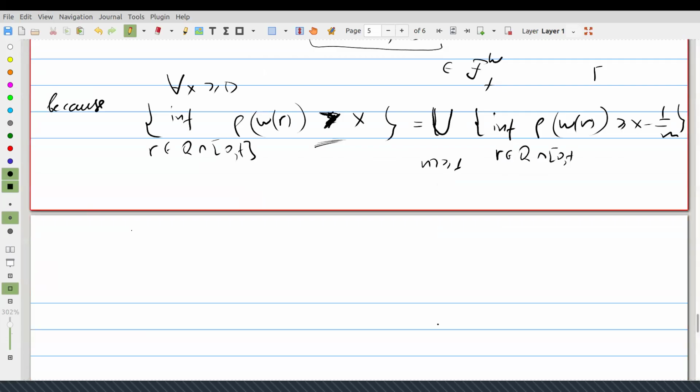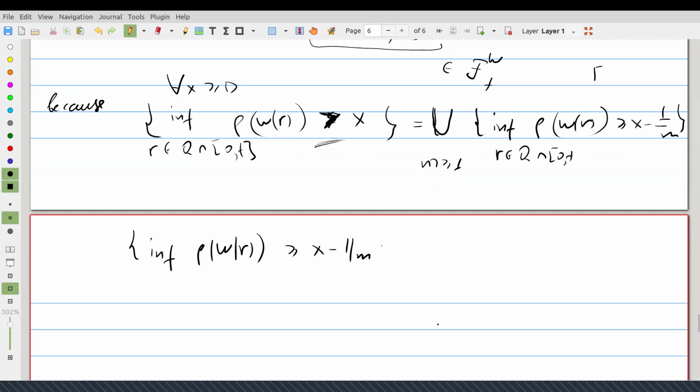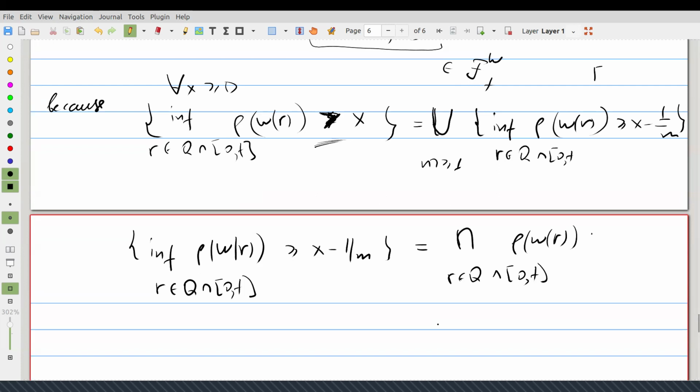And now if the infimum of rho(W_r) is greater than something, it requires all elements of the set that this infimum is taken over to be greater than this.